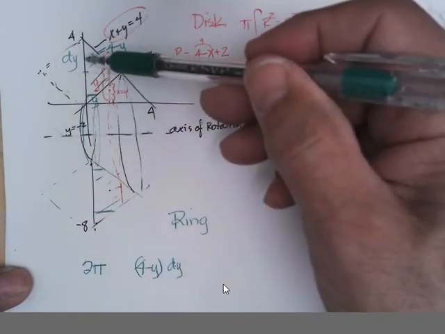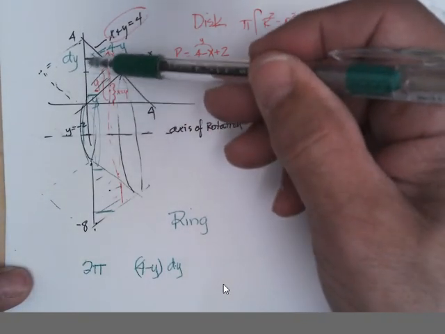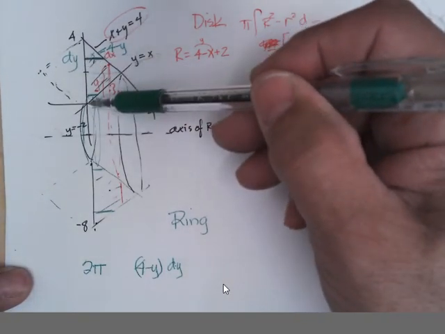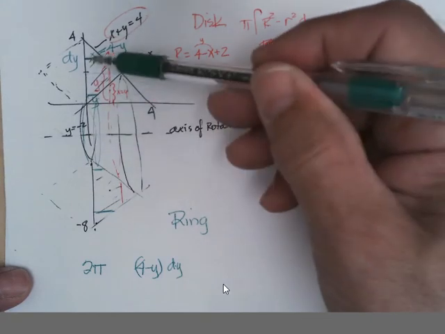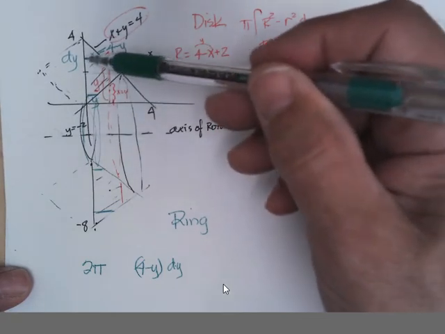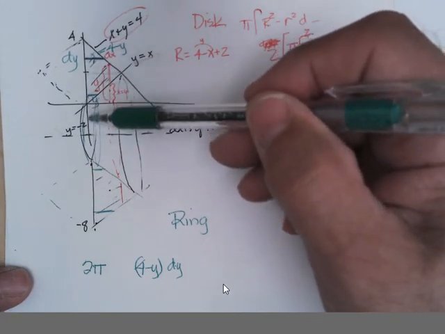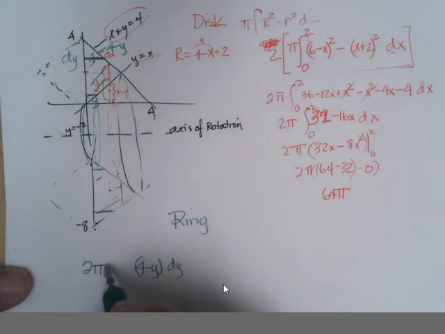Well, r is this distance, which is y, but it's got to go to the center. This is y on the equation, so it's y plus 2. That's the r for the big ring.